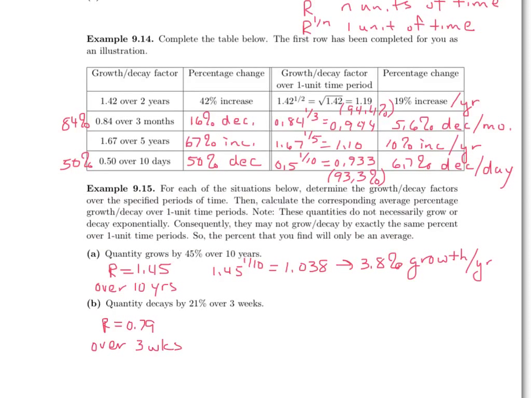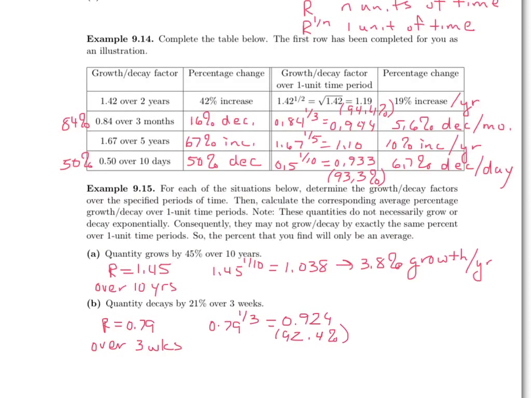So if I want to calculate the factor over 1 week, I take the 0.79 and I raise it to the 1/3 power. If I work that out on a calculator, I arrive at a decimal approximation of 0.924, which of course corresponds to 92.4%.